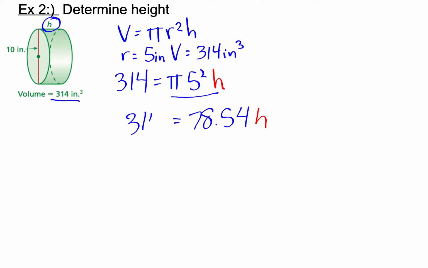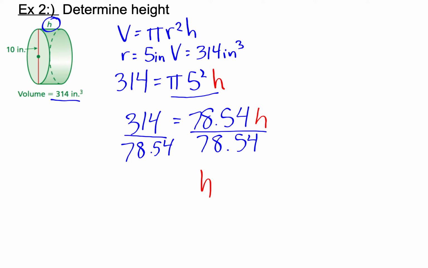And that will equal 314 on the other side. This is a little less accurate because we're rounding early, but it is less prone to mistakes. When I divide 314 by 78.54, I get that H is equal to 3.9979. We're just going to call that 4 inches in this case.